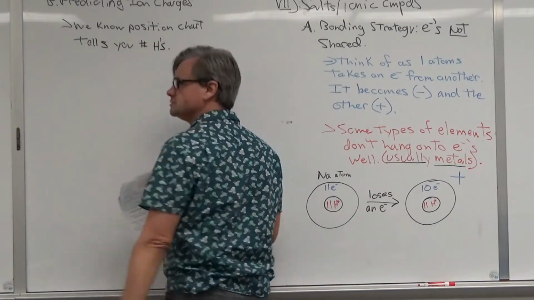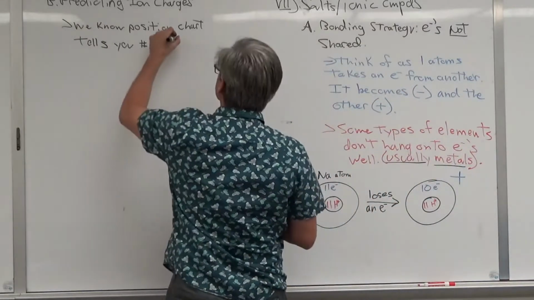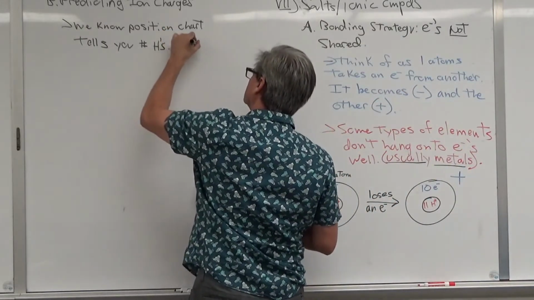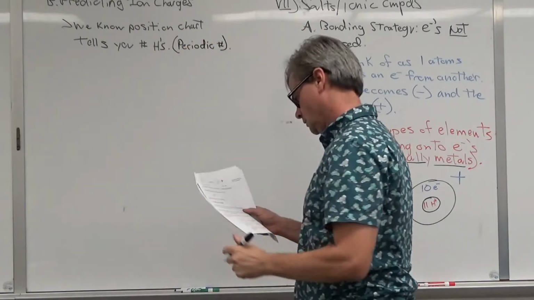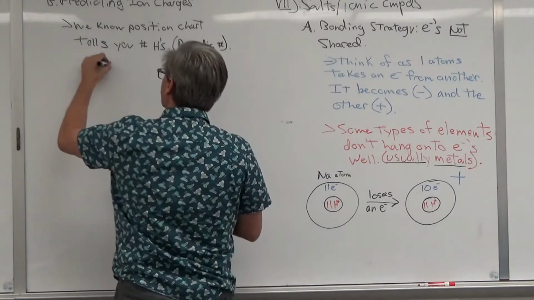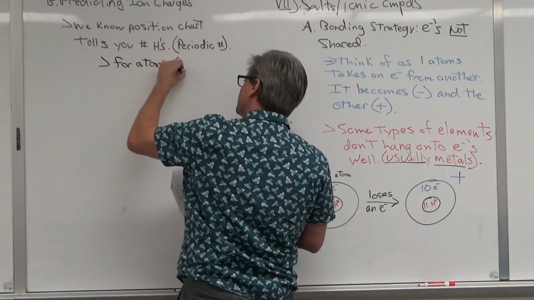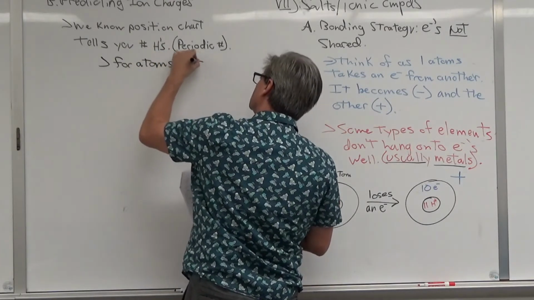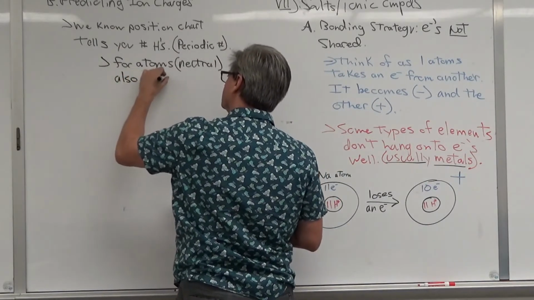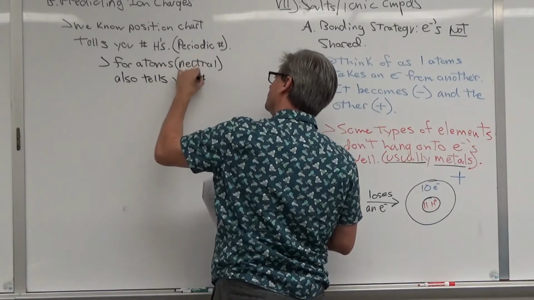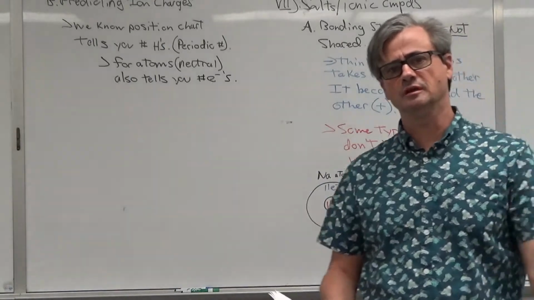It's the same as the atomic number. For atoms, which by definition are neutral, it also tells you the number of electrons. The atomic number tells you the number of electrons of any atom.